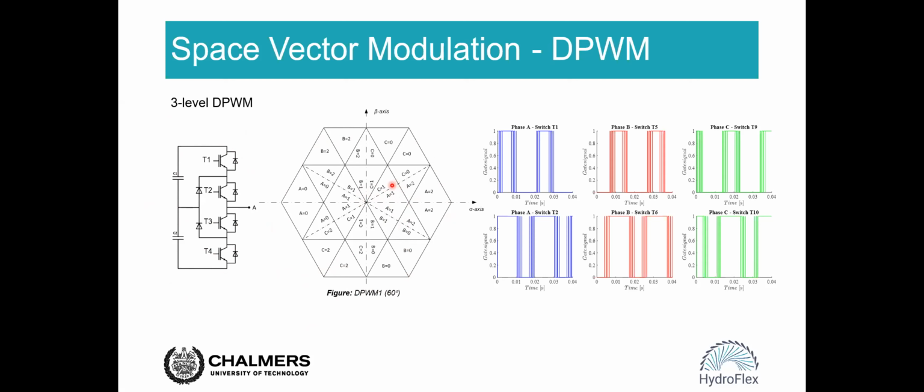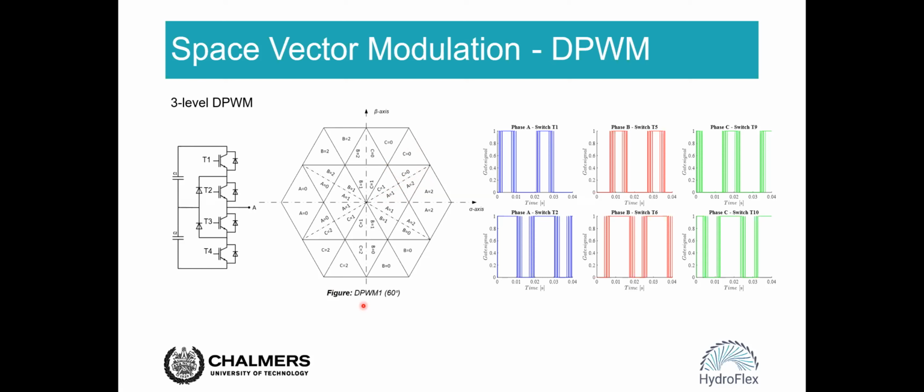For example, in this small zone, we want the phase A to clamp to state 1. And in this small zone, we want the phase A to clamp to state 2. And in this way to cross this border, then we want the phase C to clamp to state 0.